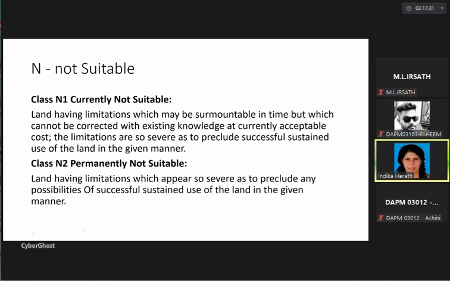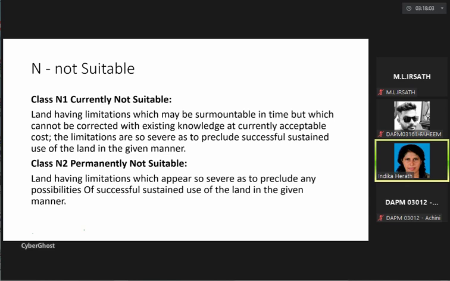Yes, then it can be classified as N1, but the cost for bringing soil and filling it up, if that cost is not practical, then it is not possible to do, right? So it can be classified as N1 because you can change the soil and make it suitable.